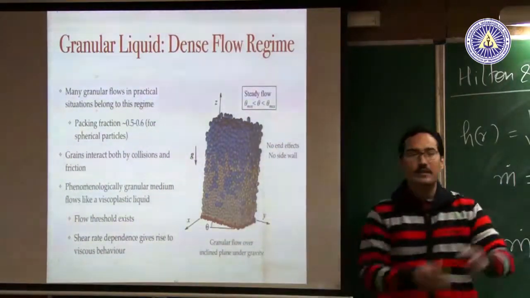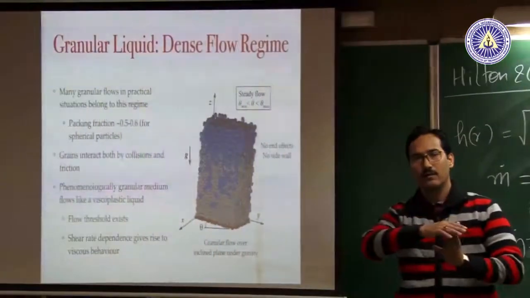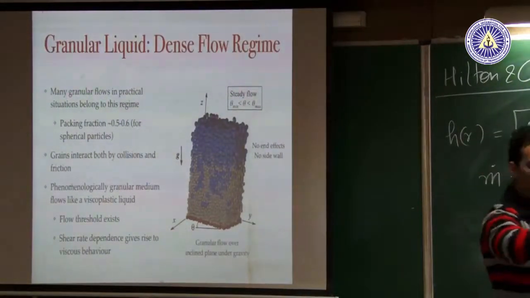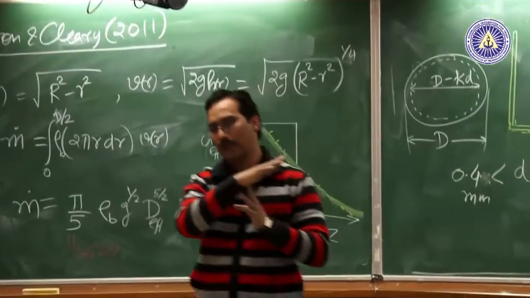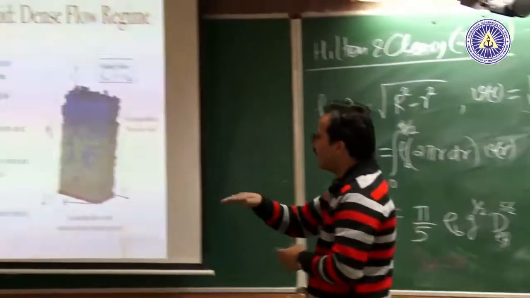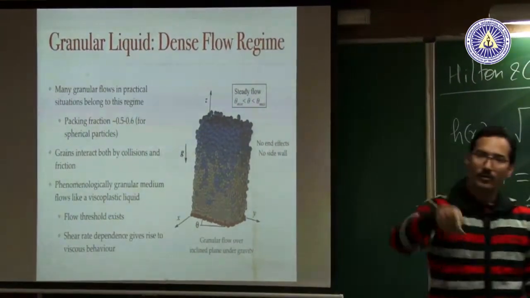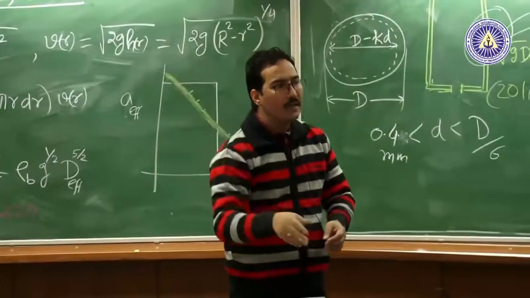Phenomenologically, what happens is, let's say I have a collection of grains on an inclined plane. My flow will not start until, if I keep increasing my inclination angle, the flow will start only beyond a minimum inclination angle. Once I surpass that inclination angle, you will have a flowing layer, and depending on your base property, you can have shearing happening in the entire layer.